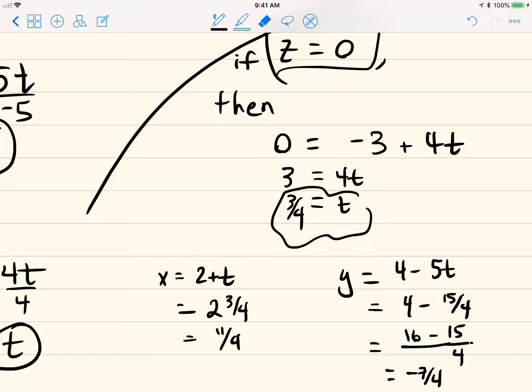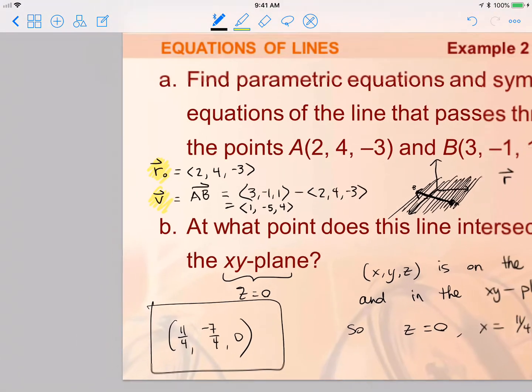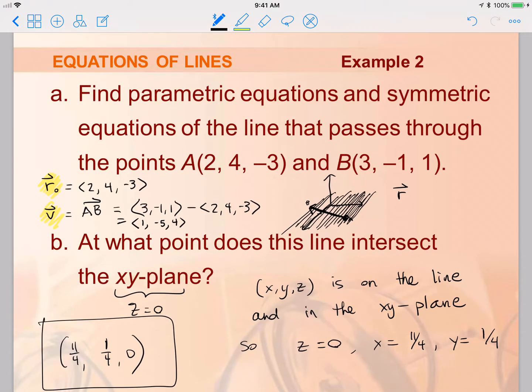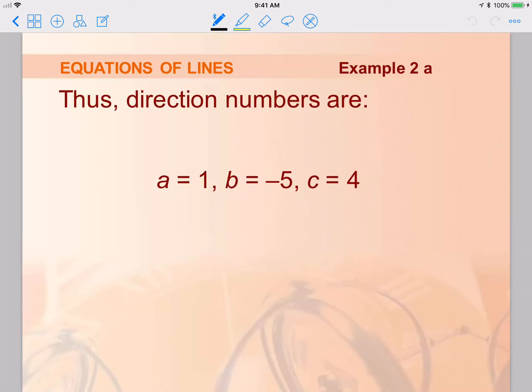So we should have 1/4. Okay. So we'll have 1/4. And, do I have to fix it over there? Yeah, okay. All right.